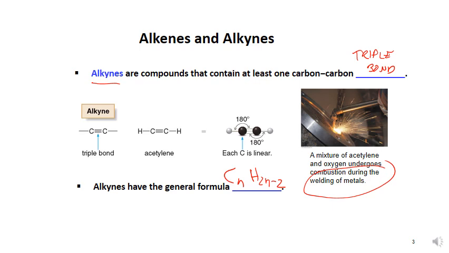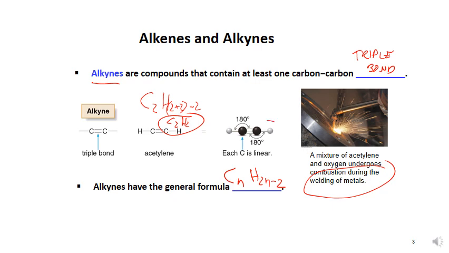So C2H2: 2 times 2 minus 2, or C2H2. All right, so that's how general formulas work, and a description of what alkynes are.